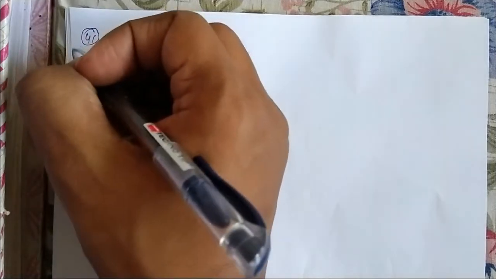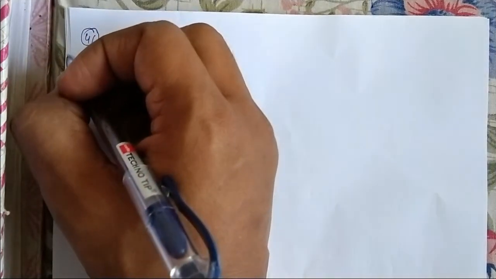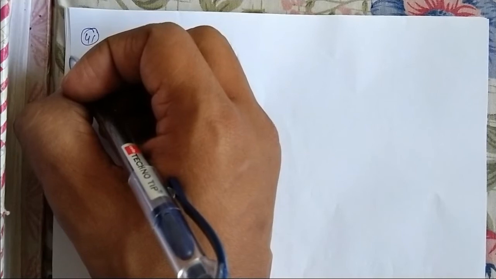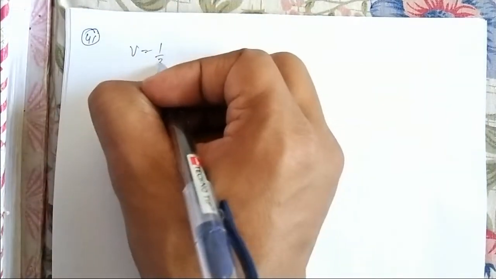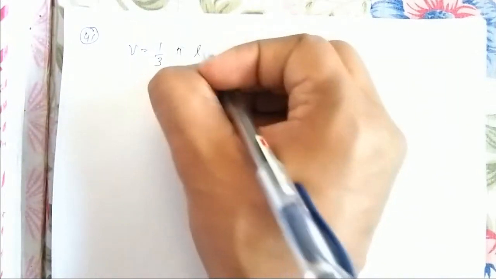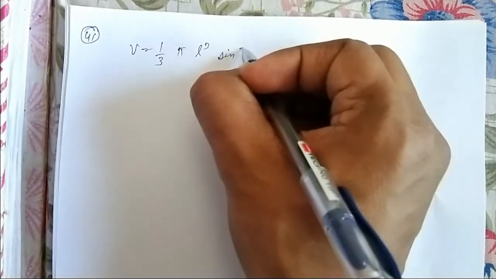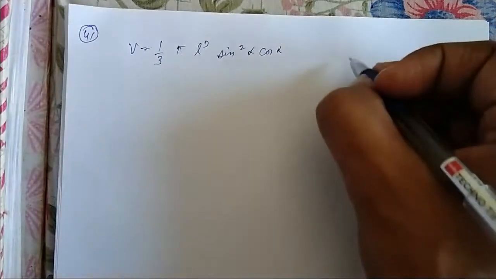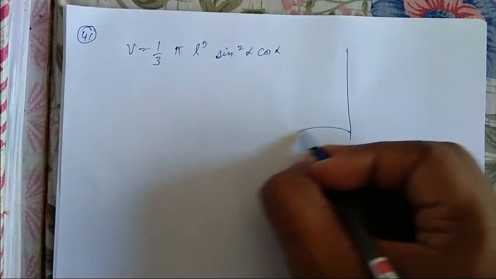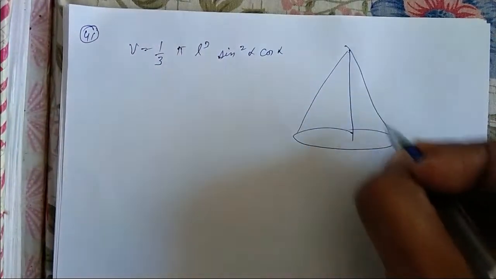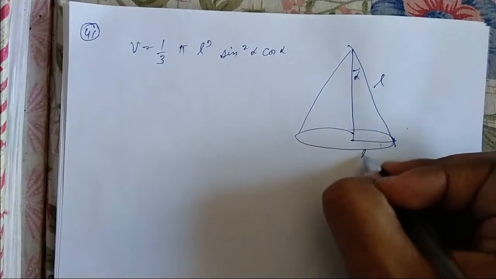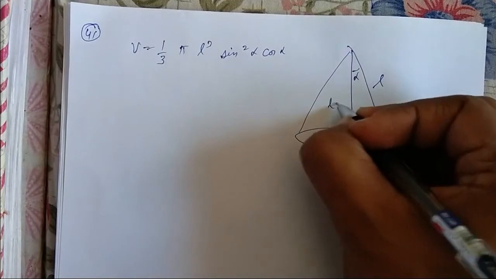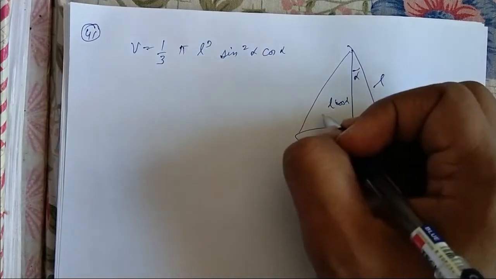The semi-vertical angle of a cone of maximum volume and of given slant height is, so V is equal to 1 by 3 π L³ sin²α cos α if its semi-vertical angle is α. Okay, this will be L sin α, L cos α.